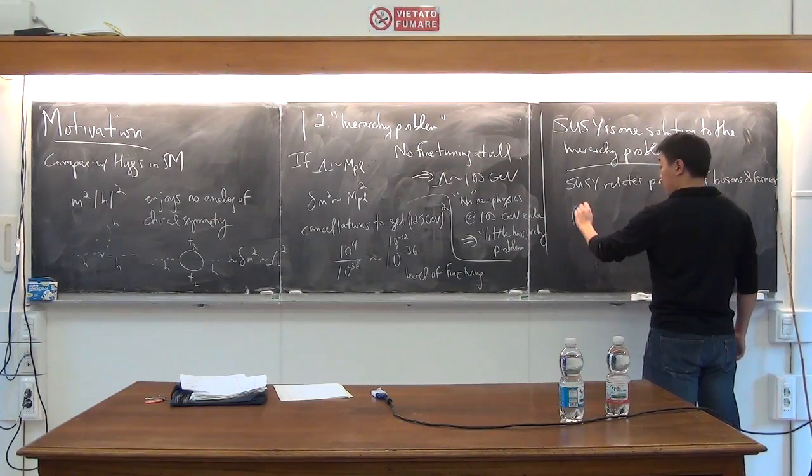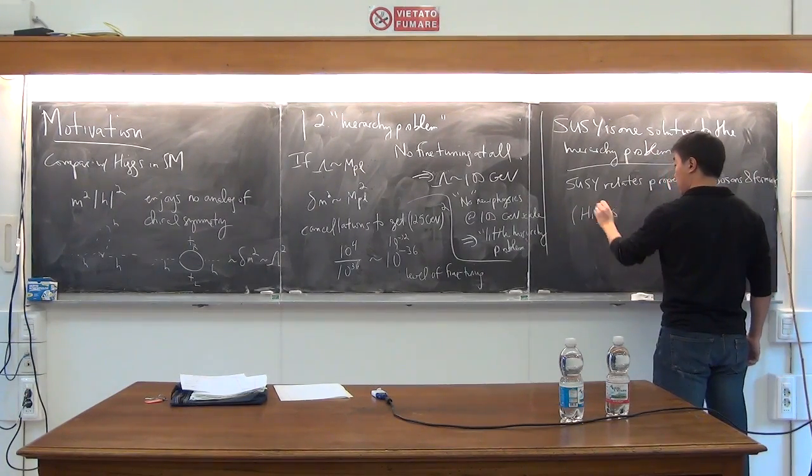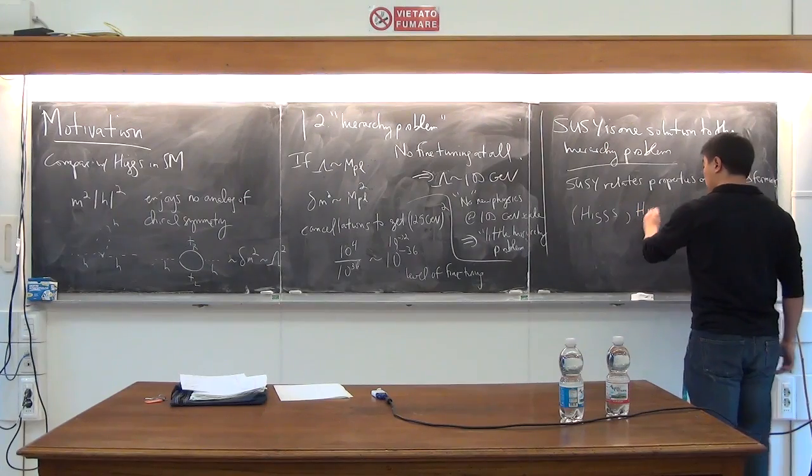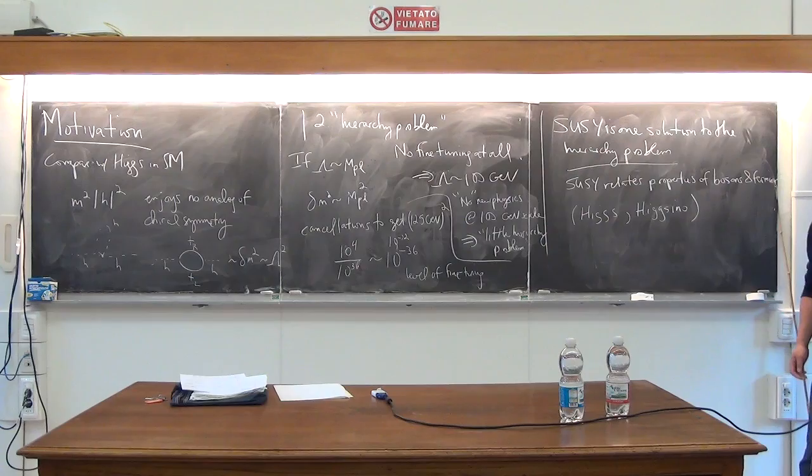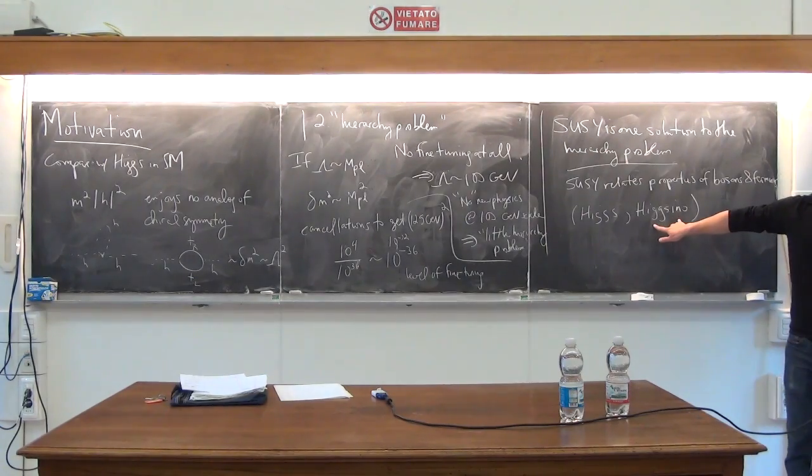And so for the Higgs, there will be in the same supermultiplet the Higgsino, and this Higgsino, being a fermion, will enjoy a chiral symmetry of its own.